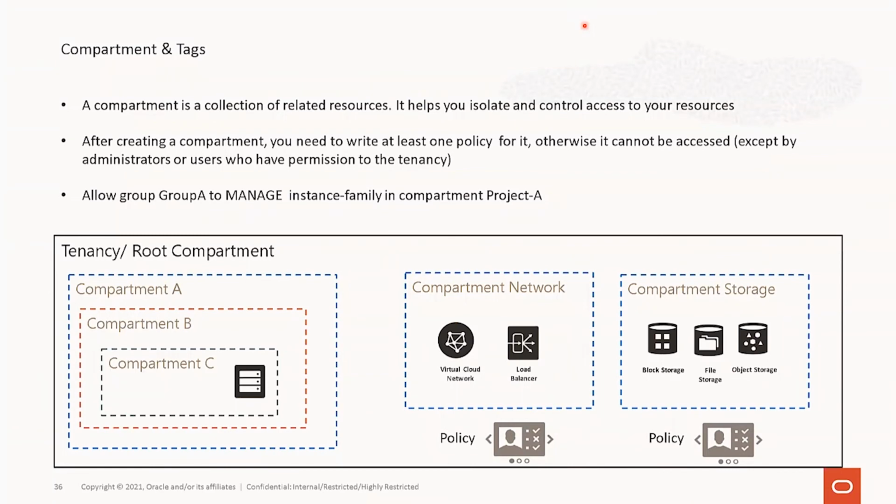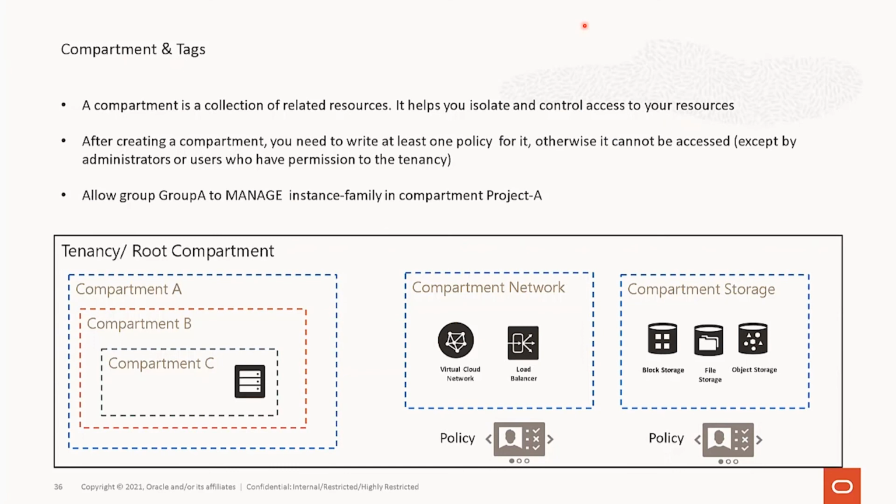Jumping into the governance part, OCI has something that is totally different from other cloud providers. The compartment is a logical entity, a collection of related resources that helps you to isolate and control access to your resources. After creating a compartment, you will need to write at least one policy for it.